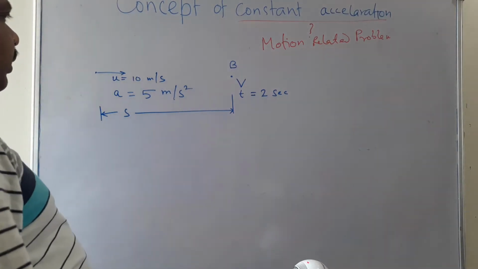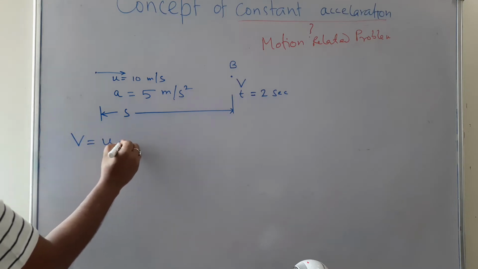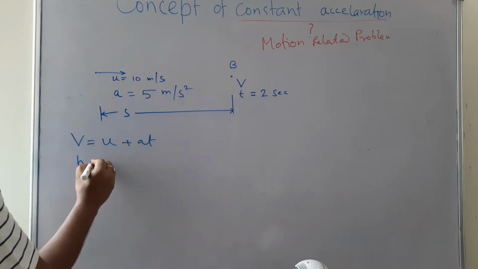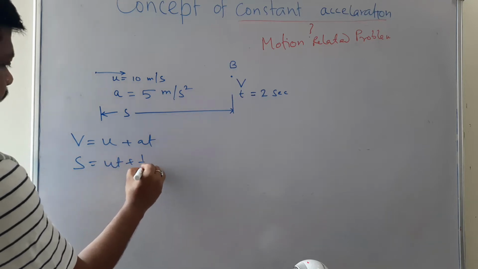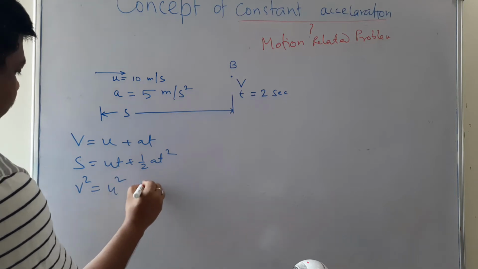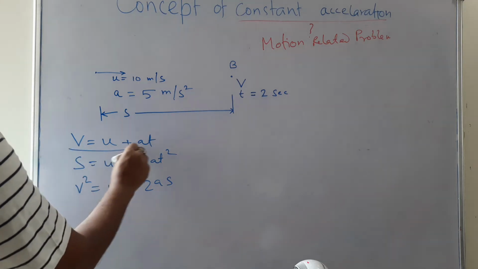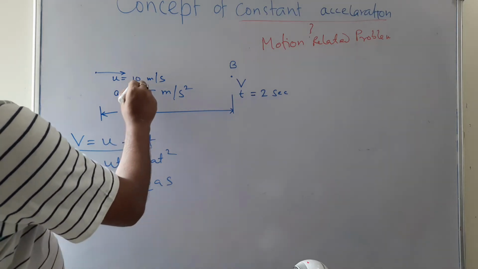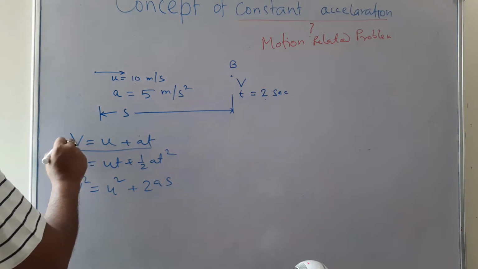So how can we calculate? There are three equations. v is equal to u plus at. So from the first equation, if you use this, you know u, a and t, so you will come to know v.